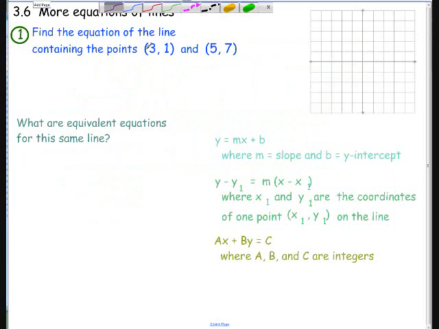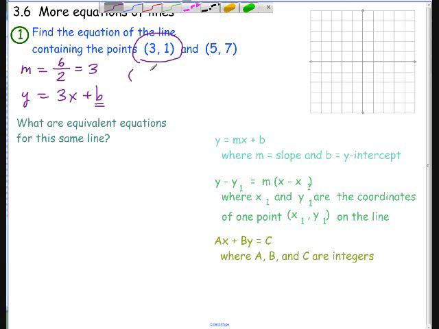Find the equation of the line that contains these points. Well, the first thing I'm going to find out is what my slope is. 7 minus 1 will give me 6. 5 minus 3 will give me 2. So my slope is 3. I've got y equals 3x plus b. I don't know what my b is. However, I can use either one of these points to figure out what b is, and I would choose this one because it's smaller numbers.